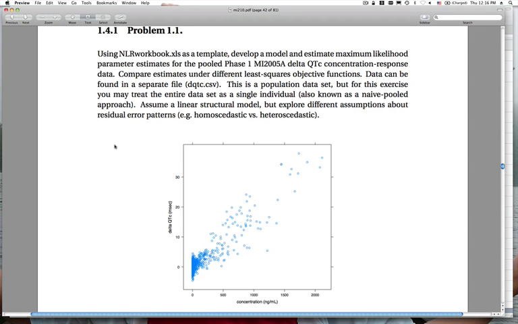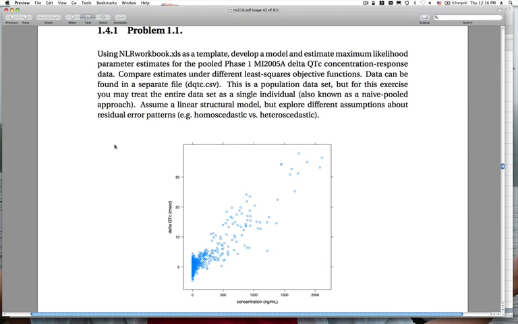Recall that we were discussing maximum likelihood methods for nonlinear regression problems, and we had introduced our hypothetical drug development problem where in our single ascending dose phase 1 study of MI2005A, our hypothetical drug, we collected data on some of the tolerability endpoints, and one of those was the QT interval.